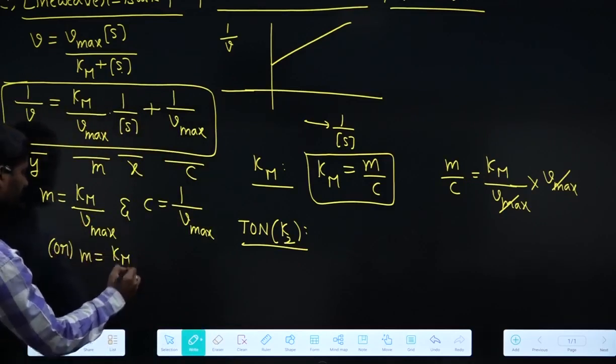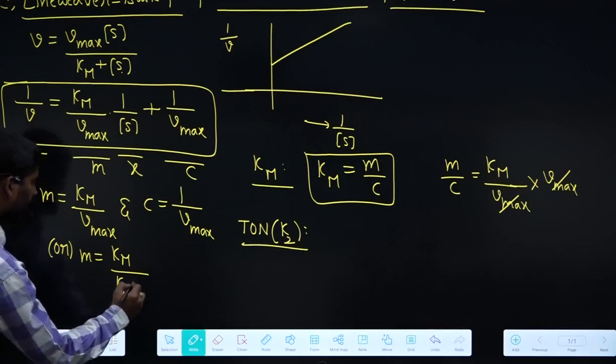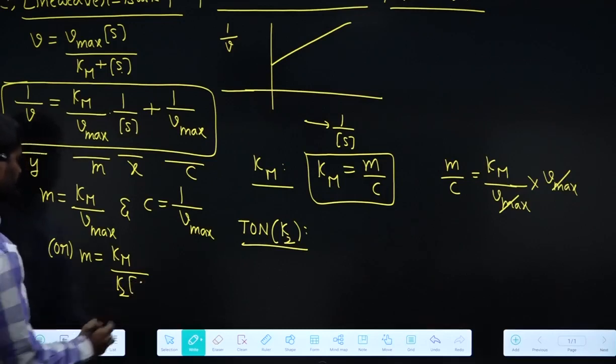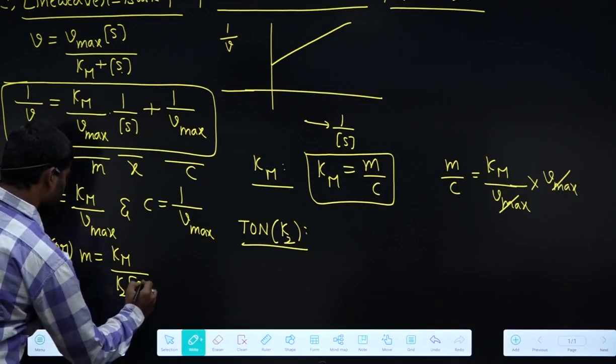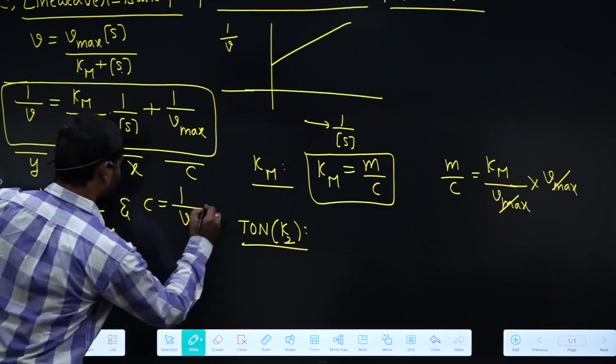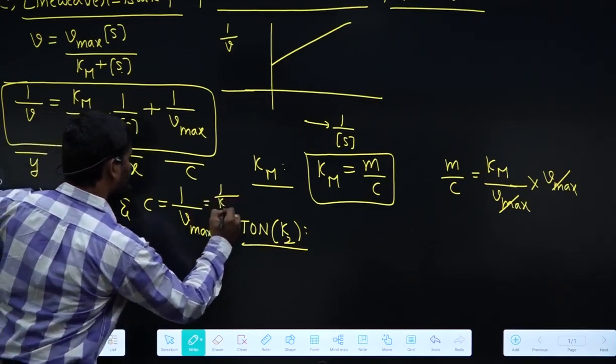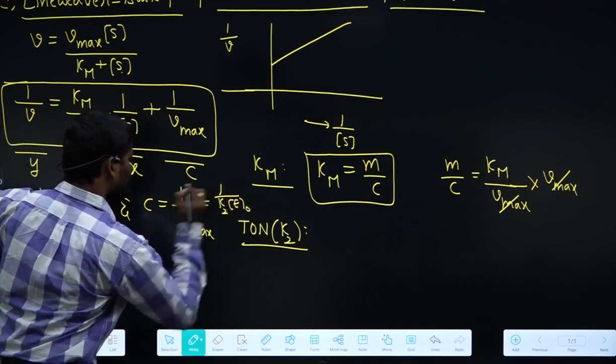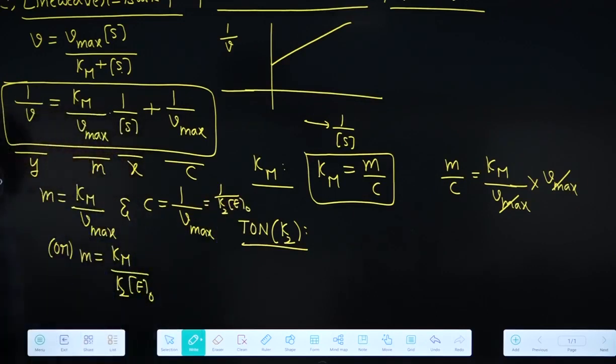K2 is what we want. Here also, the intercept is nothing but 1 by K2 into E naught.